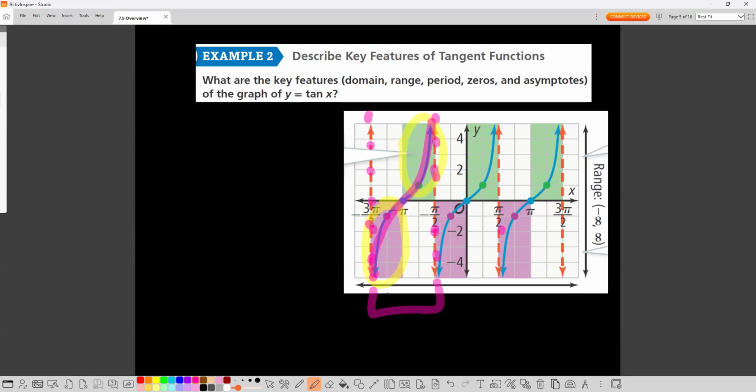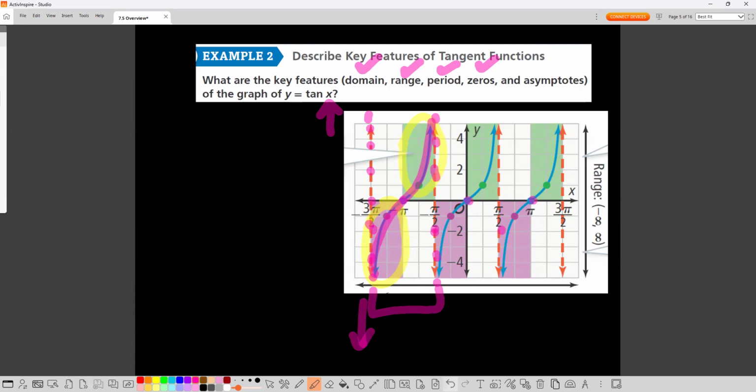So my period is pi. My range goes down forever and up forever, so that's all real numbers. Domain, you just have to leave out your asymptotes. Your zeros, where are the places where it crosses? So in any multiple of your pi's.